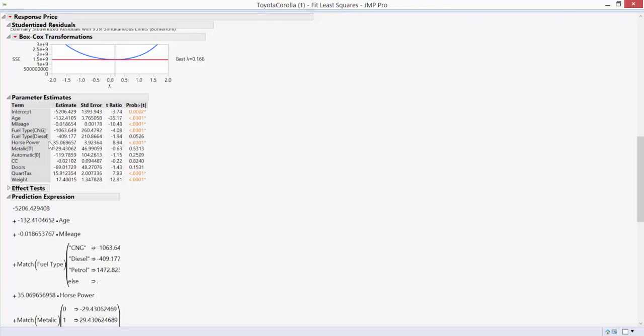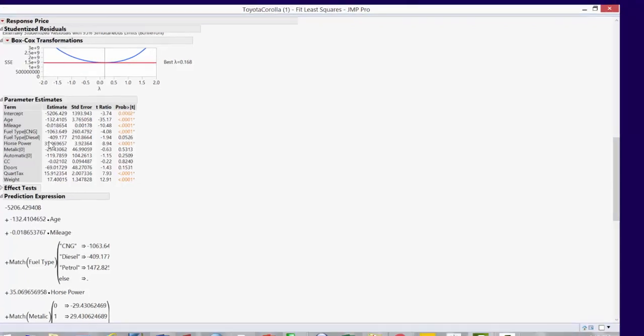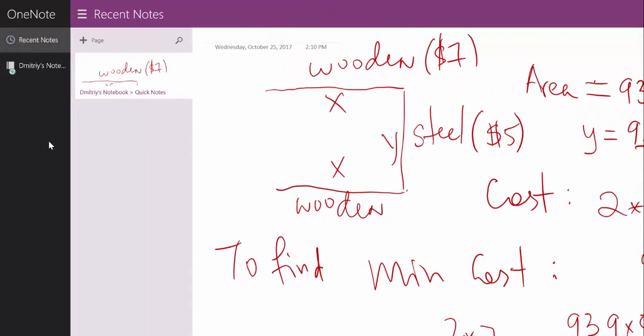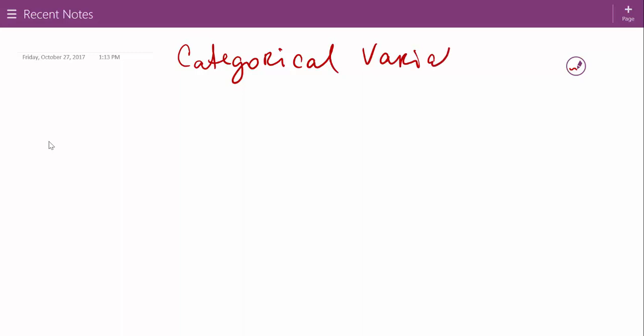So here is the rule of thumb, ladies and gentlemen. Let me write it out, okay? Rule of thumb. Hold on, I'm going to create a new page. Yeah, right there. Rule of thumb is, if I have a categorical variable with, let's call it K categories, okay?